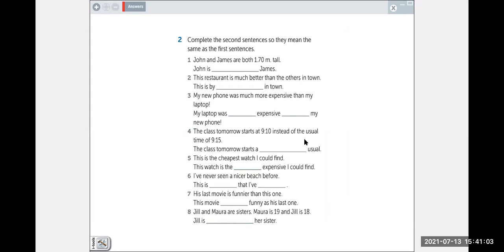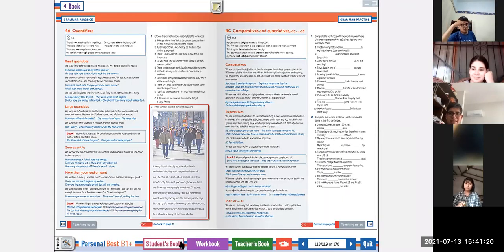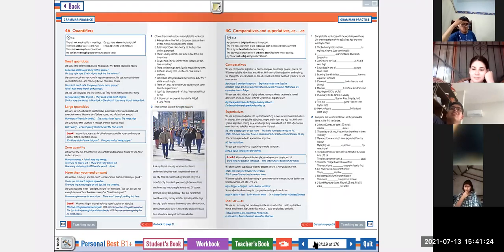Pero no serían hermanas, ¿cierto? A no ser que sean gemelas. Okay, thanks. Entonces, el as young as tiene que ser la misma edad para indicar que algo es lo mismo, ¿ok? Aquí hay una pequeña diferencia de edad. Okay, let's go back to the page 35.